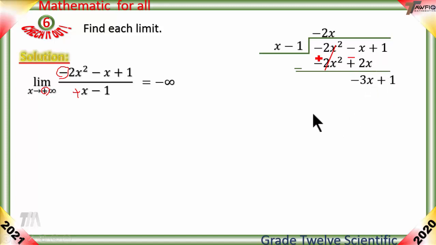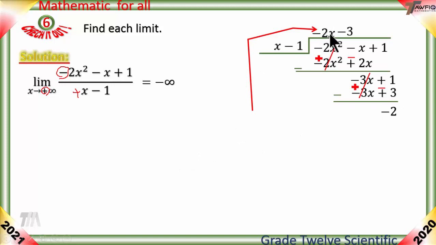Rewrite plus 1. And now minus 3x divided by x is equal to minus 3. Minus 3 times x minus 1 is minus 3x plus 3. And now subtracting, it becomes minus 2. And now minus 2x minus 3, y is equal to minus 2x minus 3 is a slant asymptote.